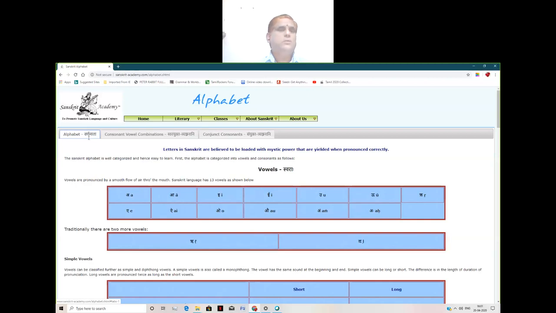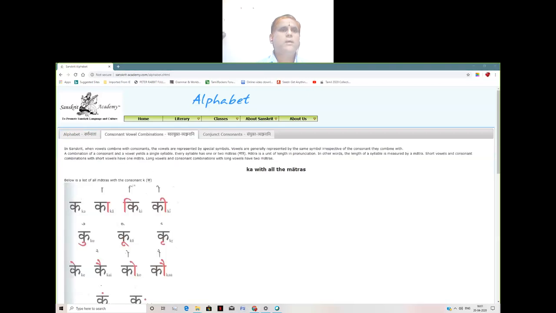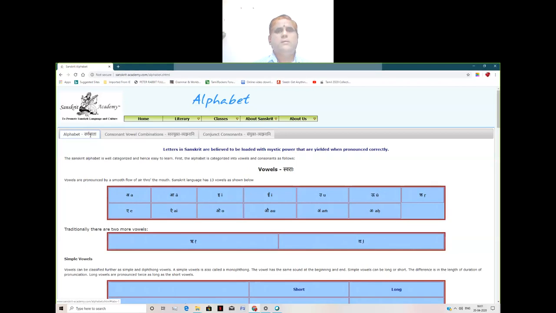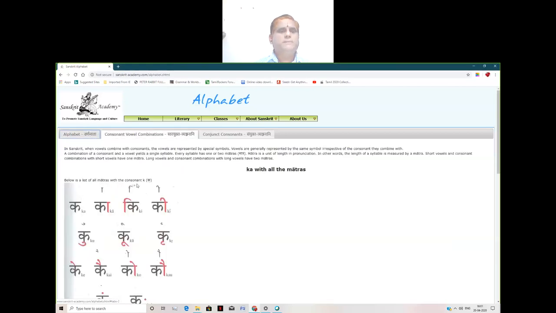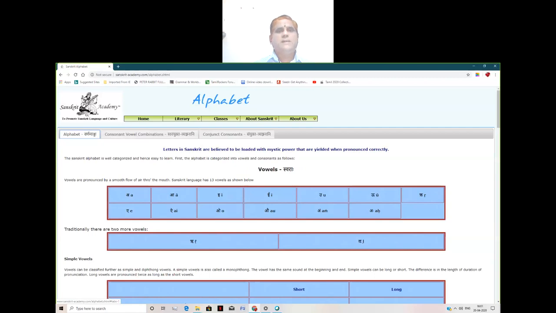Kannada, Telugu, Malayalam and other languages have their own scripts. You must understand this.